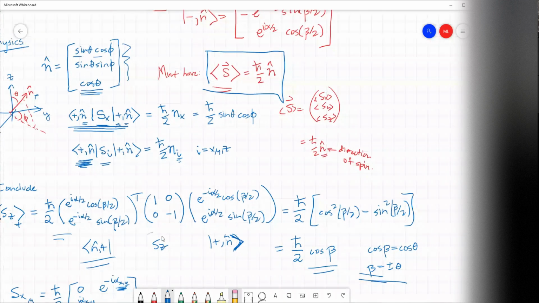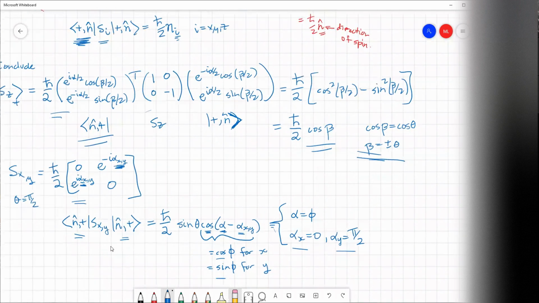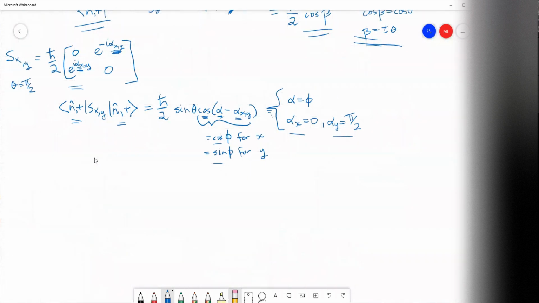For the x and y directions, it'll be either 0 or pi over 2 for alpha there. So we can conclude now, for the 3 orthogonal directions, the spin operators for measuring the spin along the 3 directions.